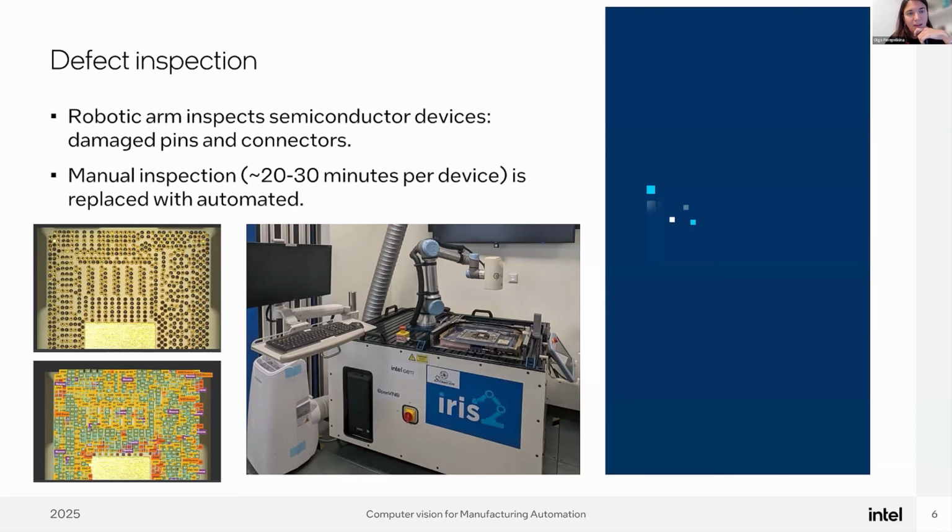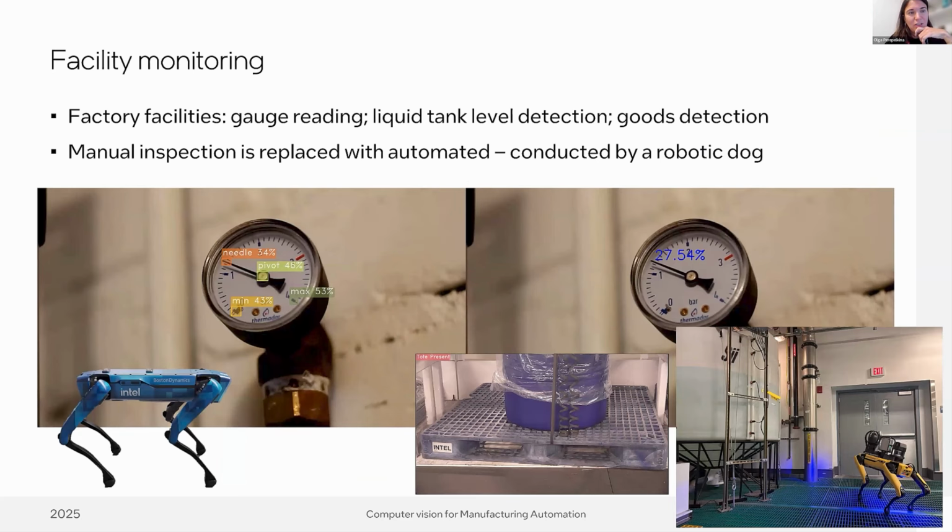Yeah. And one more project, also from Intel Foundry, but this one is about factory facilities monitoring. The problem was that a lot of things in Foundry facilities also need to be monitored by humans. And basically, it's also a very boring task.